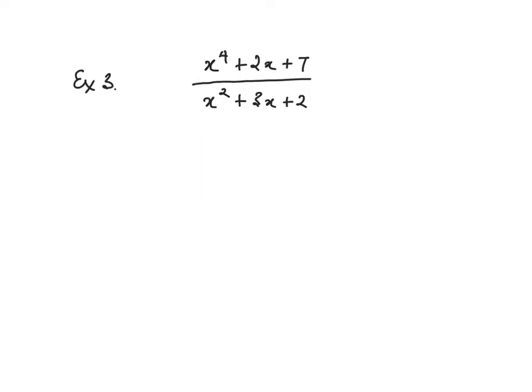Last and final example. Now, if we look at the top line, you'll notice we don't have any x cubed term and we don't have any x squared term. So how do we deal with that?